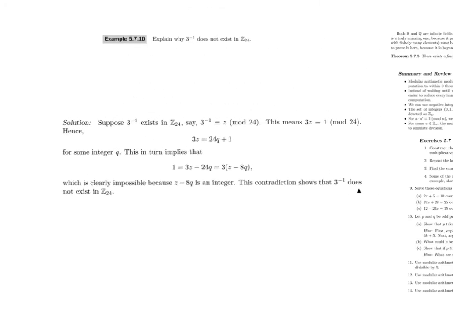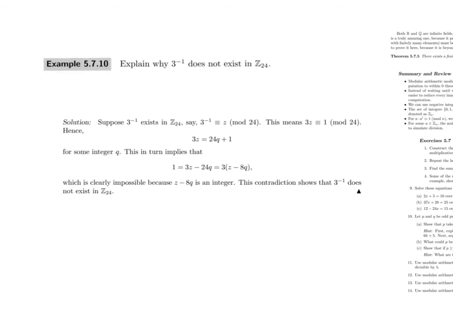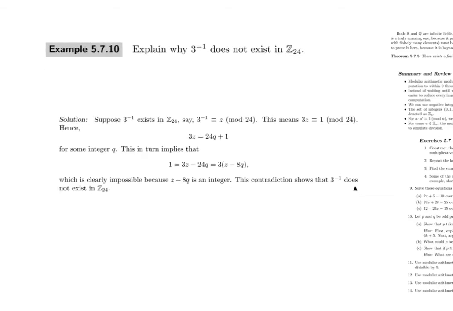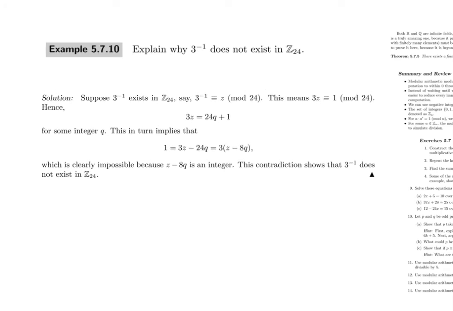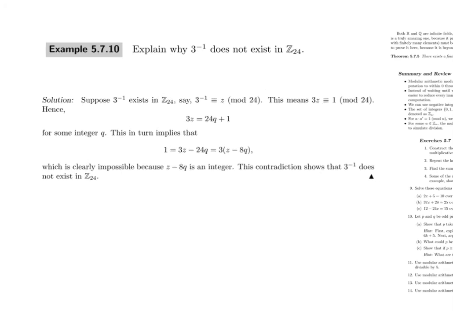Okay, so why does 3 inverse not exist? Well, we can try a proof by contradiction. Let's say it did exist. Let's say we had 3 inverse in Z mod 24.